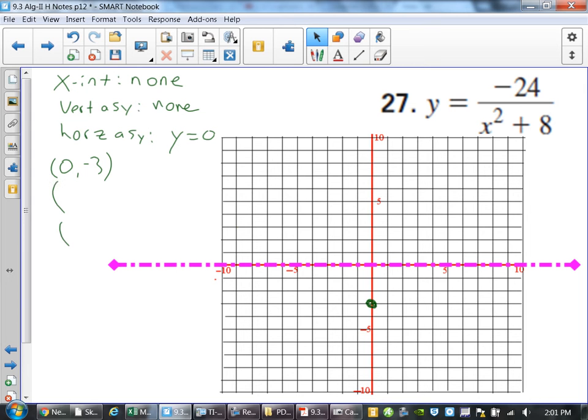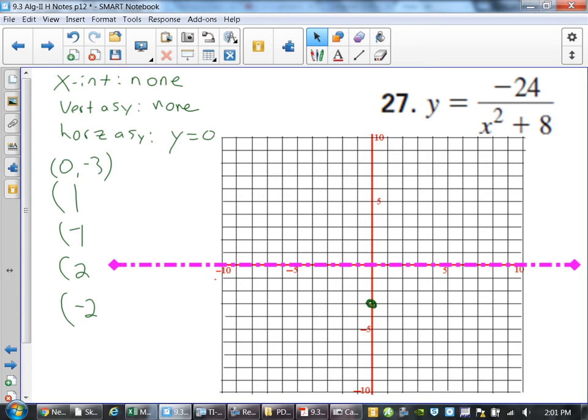Now I'm going to pick a couple of points on either side, and just make it easy on myself. I'm going to use 1s and 2s. Since I'm squaring that, 1 and negative 1, won't I get the same answer for both of them? Correct.